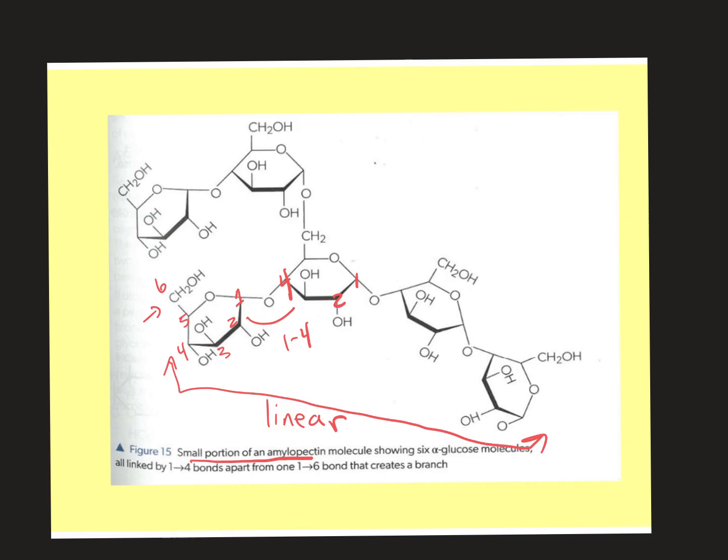1, 2, 3, 4, and then we've got 5. And then this is carbon number 6. And then here is where we're going to have a branch.